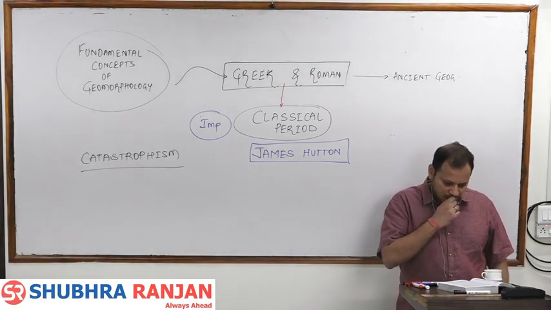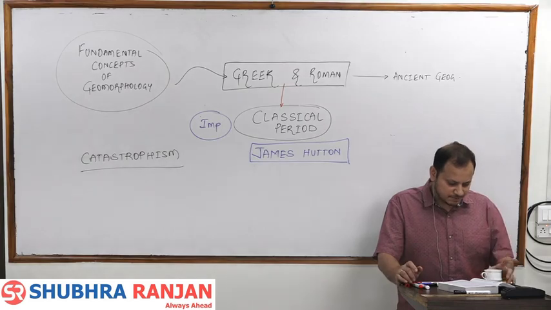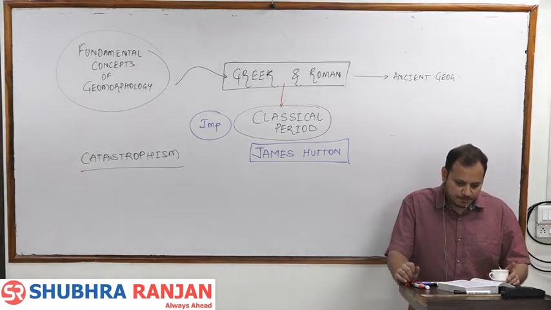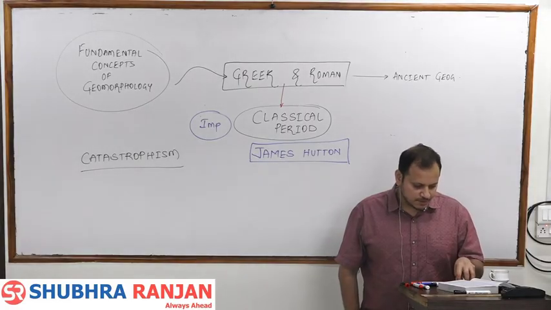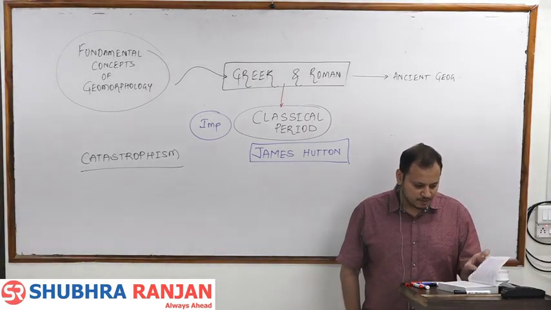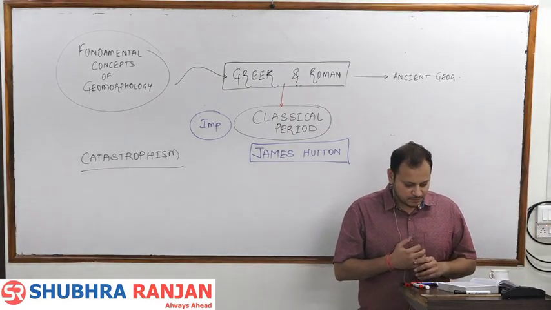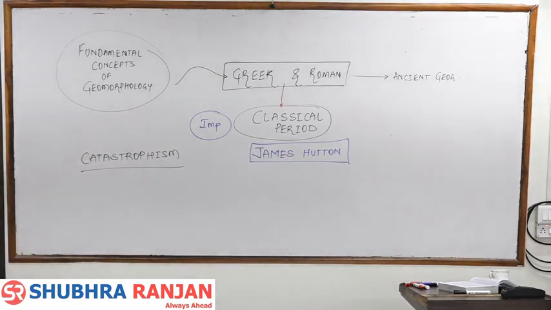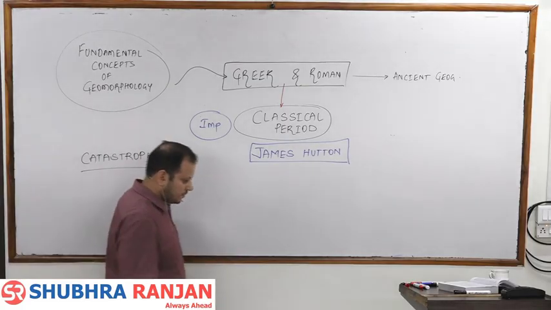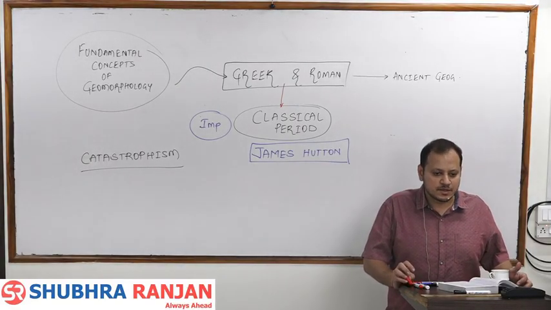The believers of catastrophism did not appreciate the importance of slow geomorphic concepts or processes, and believed that the earth was only a few thousand years old.